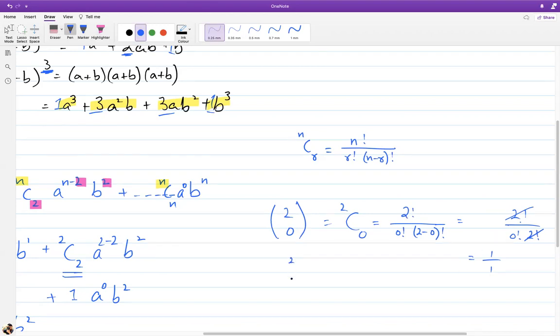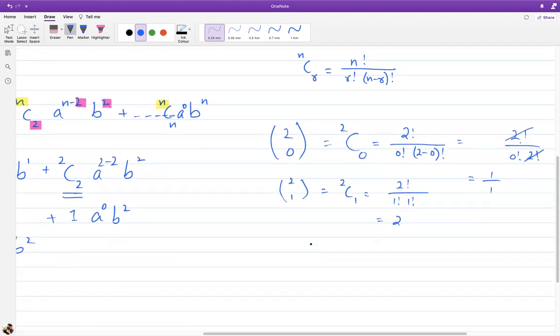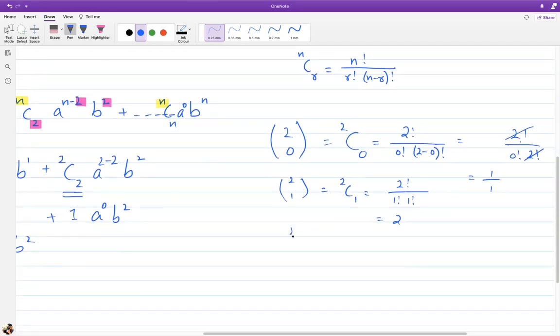So when I say 2c1, I can either write it as this, or I can expand it and say, okay, 2 factorial over 1 factorial into 2 minus 1, which is again 1 factorial. So that gives me 2. Similarly, if I try to get 2c5, that won't make any sense, because 2c5 means how many partitions of 2? That's stupid.